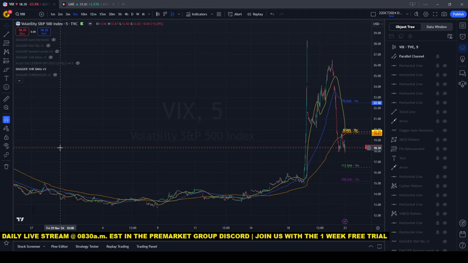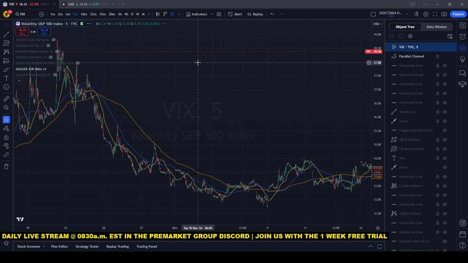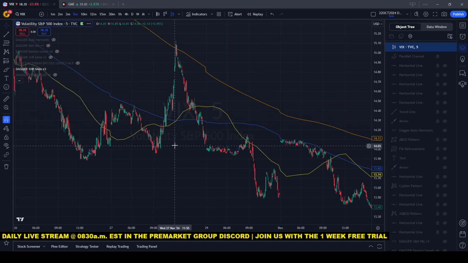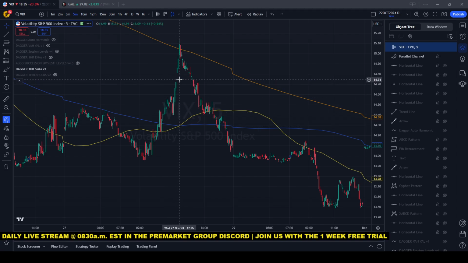And there are going to be days where VIX, here's a day, I'll see if this lines up. I'm noticing it right now, where VIX will reject or bounce off of the 50 SMA.